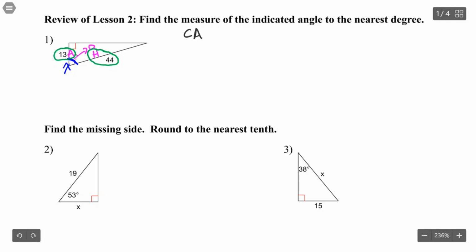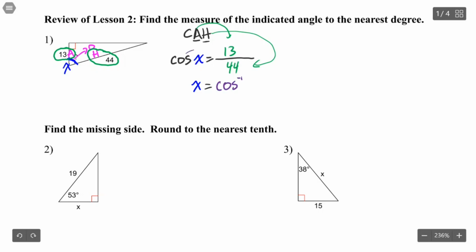So we are going to use CAH to use the A and the H. I'm going to jump right into my equation with my substitution because I know cosine always has an angle with it. So cos of X is a fraction, always a fraction, and our sides are going to be A first, so your adjacent is 13, and then the hypotenuse underneath is 44. Now to solve for an angle, you need to cos inverse the right-hand side.